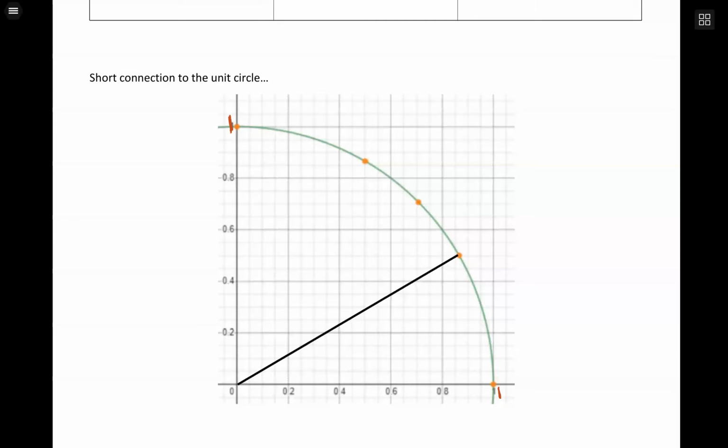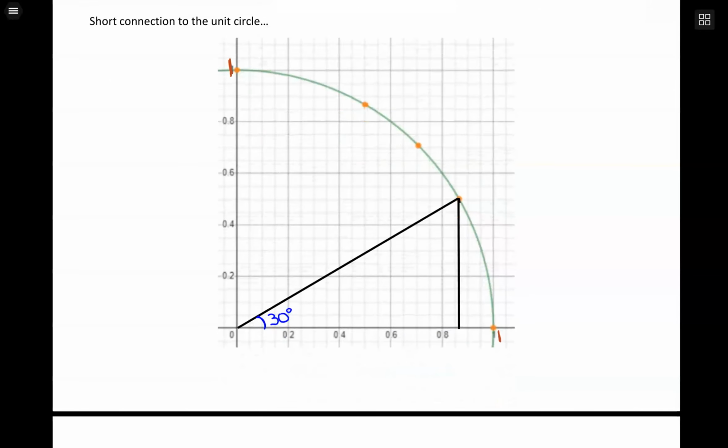So if I draw a nice right triangle right there, and I know that this is 30 degrees. And as we deal with this too, we'll talk about what happens if we change this to radians. That would just mean that this is pi over 6.